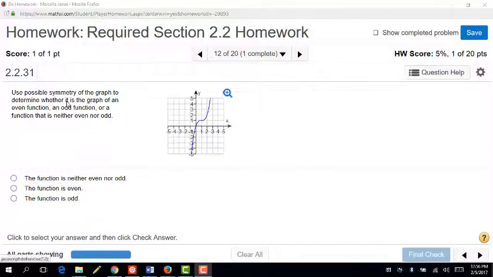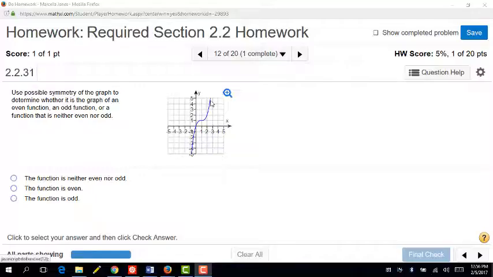We're being asked to use symmetry, possible symmetry of the graph, to determine whether it is the graph of an even function, an odd function, or a function that is neither even nor odd. So when a function is even, you have symmetry with respect to the y-axis.